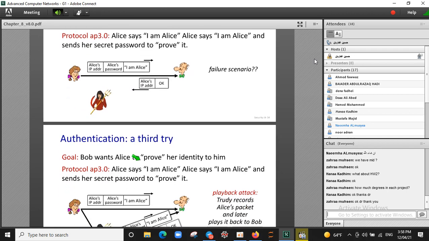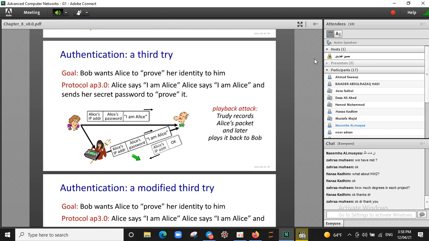Again, this strategy is not enough, because if Trudy sniffs that packet, Trudy can resend or replay that message to Bob. Oh, I am Alice. This is my secret key, my password, and this is my IP address.